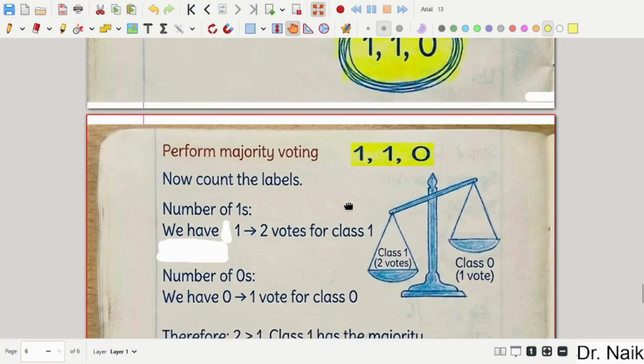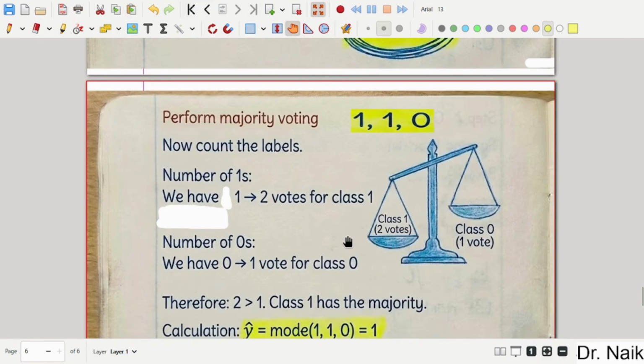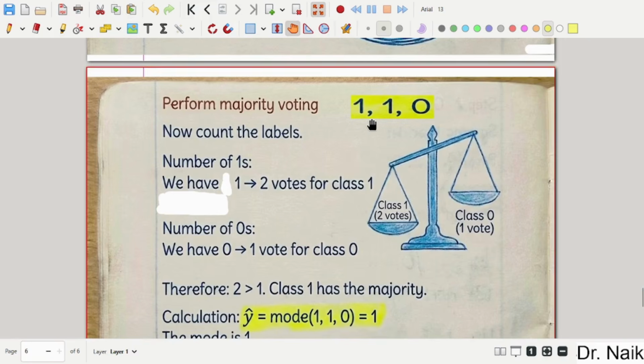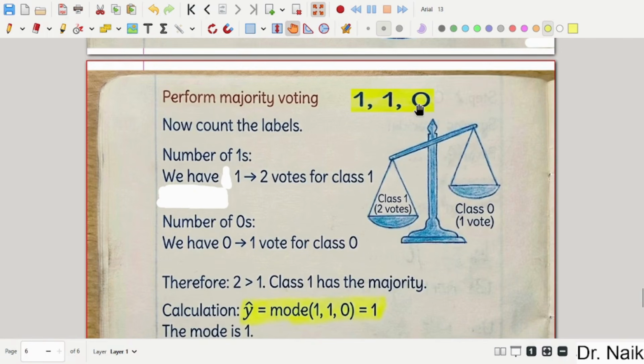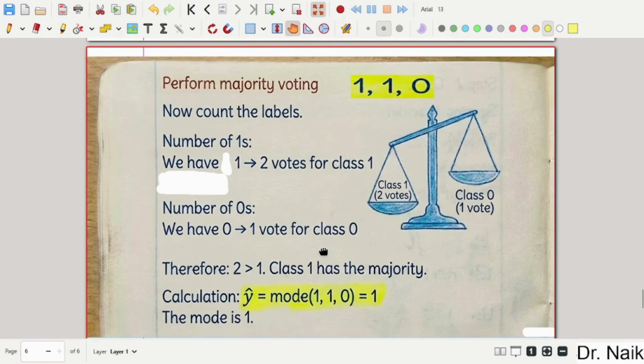Now perform majority voting between these labels. The number of ones is 2, so class 1 has 2 votes, and the number of zeros is 1, so class 0 has 1 vote. Since 2 is greater than 1, class 1 has the majority.